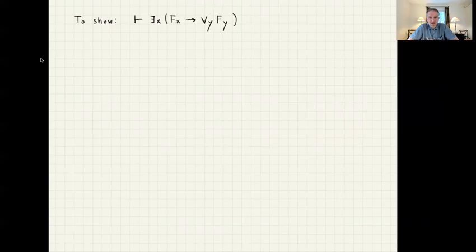It's just a tautology, a truth of logic. Say, for example, in relation to our class: there's somebody in the class such that if that person gets an A, then everyone in the class gets an A. That's a pretty surprising fact, but it's true according to logic.